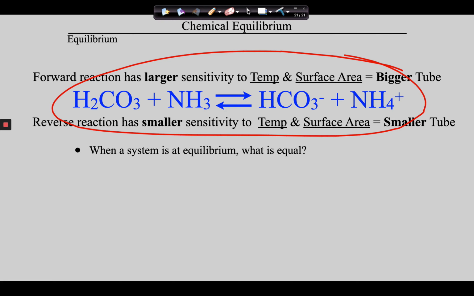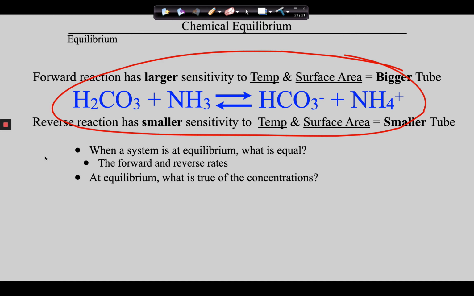When a system is at equilibrium, what's equal? Well, the answer is the forward and reverse rates. Remember the amount of water in the beakers. Now, at equilibrium then, what is true of the concentrations? Are they necessarily equal? And the answer is no. The concentrations are not necessarily equal, but they are constant or unchanging.